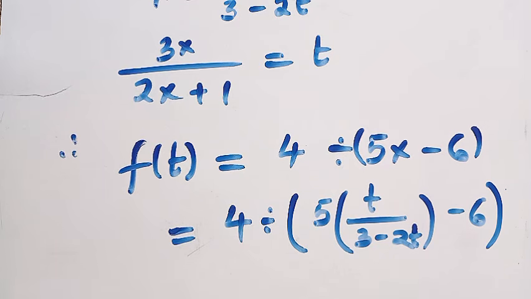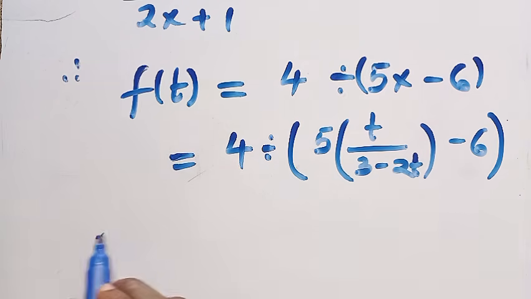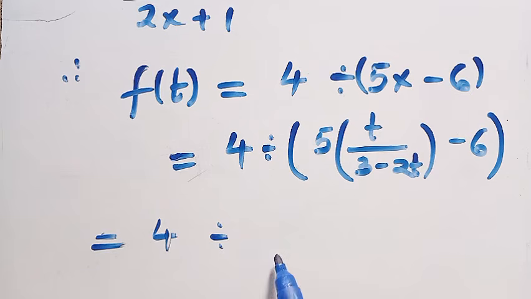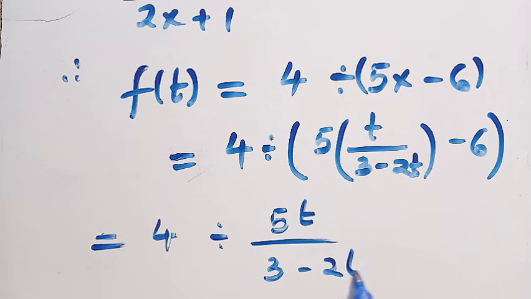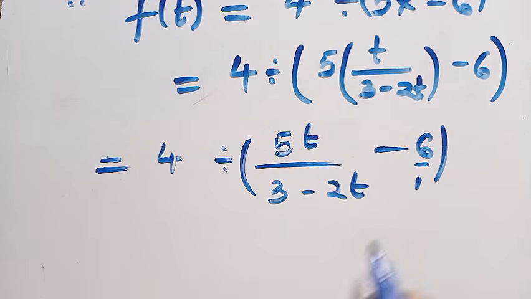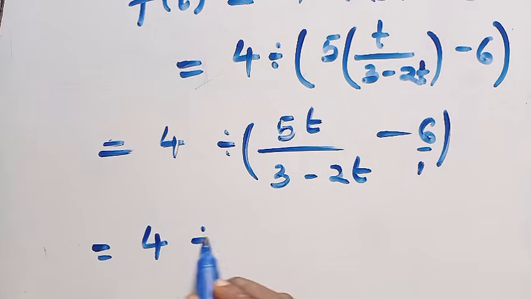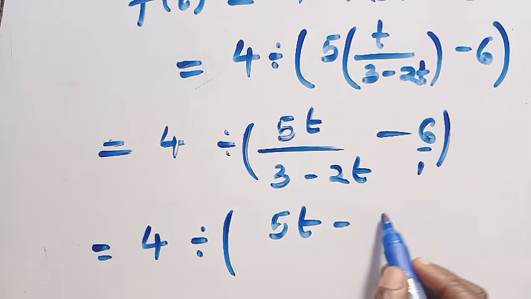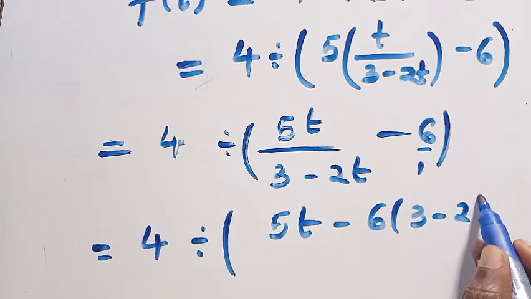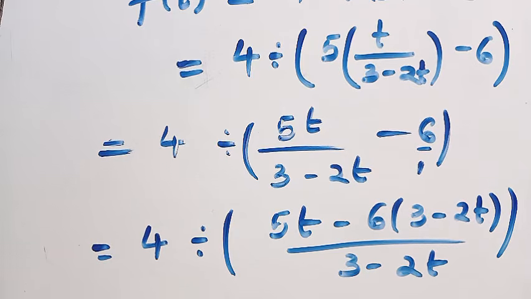I want to deal with what is inside the bracket first, so we multiply with 5. We have 4 divided by 5t divided by 3 minus 2t, then minus 6. We divide this by 1 and find the LCM. We multiply 3 minus 2t with 6 and we have 4 divided by 5t minus 6 into bracket 3 minus 2t, all divided by 3 minus 2t.